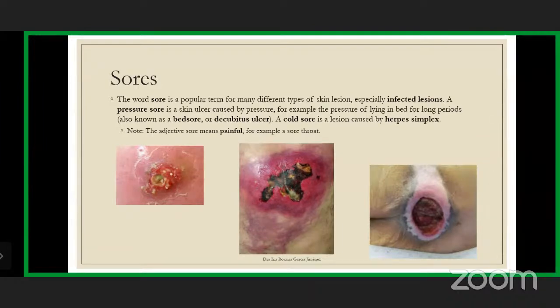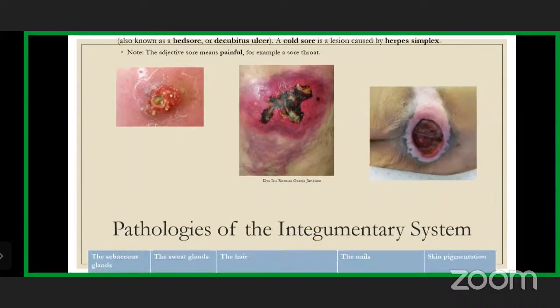The cold sore, well, we all have seen the herpes simplex surrounding the mouth, the lips maybe, or surrounding the eyes, or another part of the body. That's a cold sore. Why cold? Because the inside of the lesion is white or without color. That's why it's called cold sore.